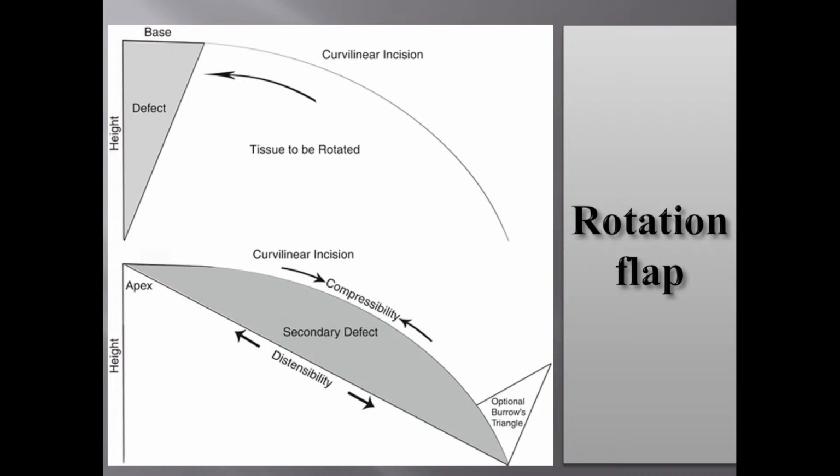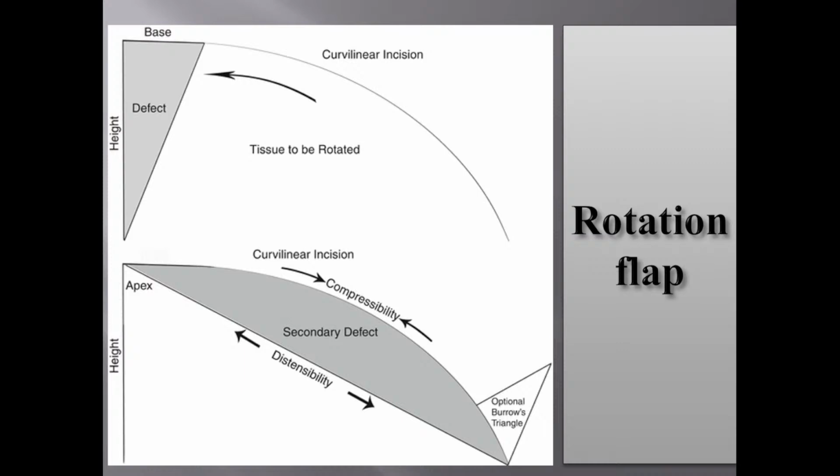Most rotation flaps have a random pattern blood supply. However, depending on the position of the base of the flap, they may on occasion be axial by incorporating the underlying fascia or muscle into the pedicle of the flap.